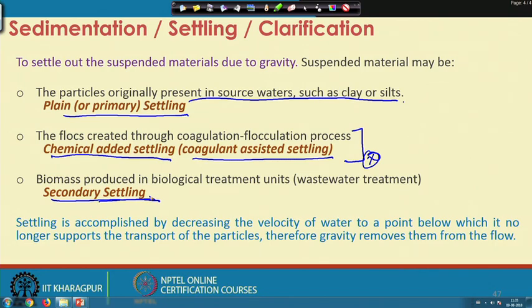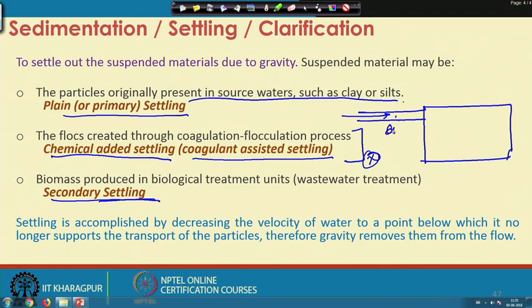So, the settling is typically accomplished by decreasing the velocity of water. What happens is that we have a tank. The water comes in the form of a channel or through a pipe. The cross sectional area of this channel or pipe is very low.